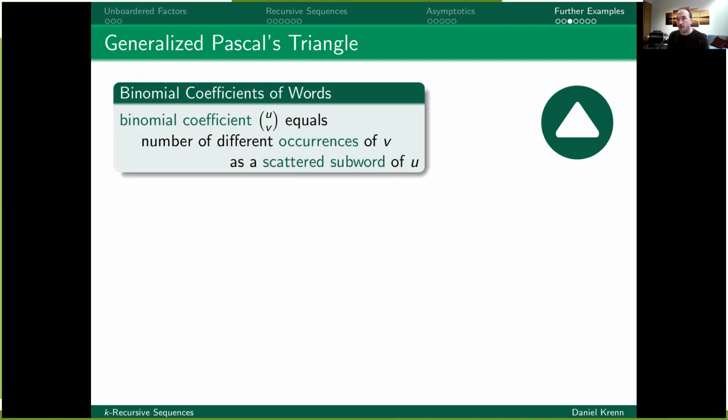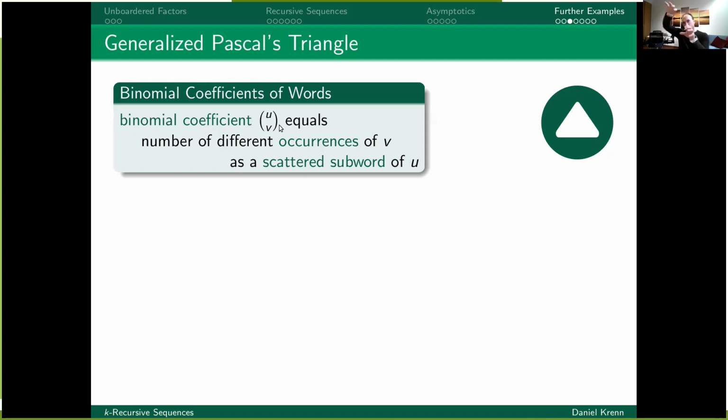Generalized Pascal's triangle, one possible generalization. Also here, some people in the audience have worked already with that and have written very nice papers on this kind of stuff. So for the classic Pascal triangle, there is a binomial coefficient in each entry. Here we extend that to a binomial coefficient of words.